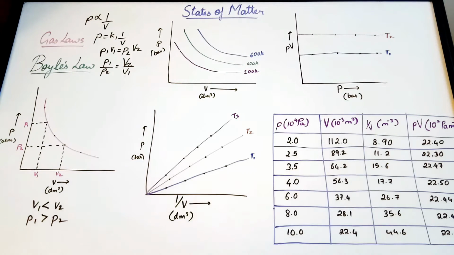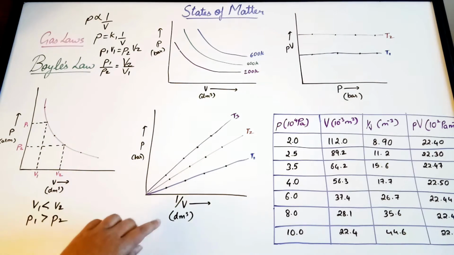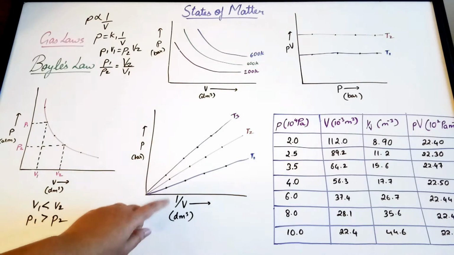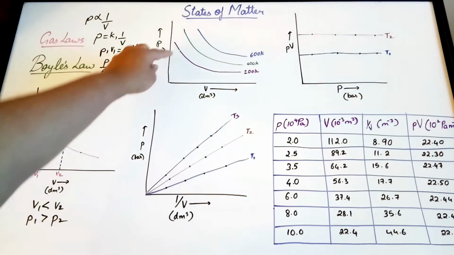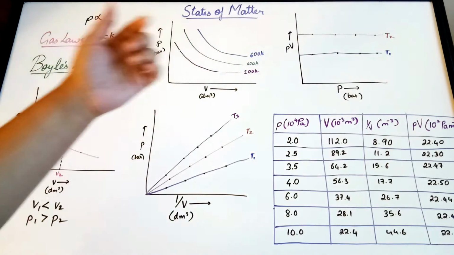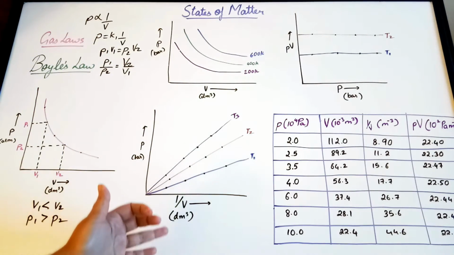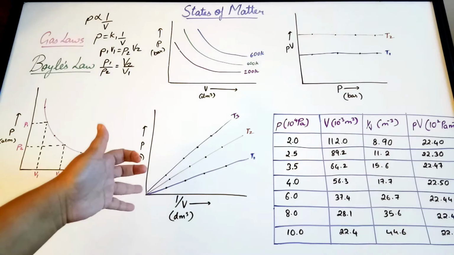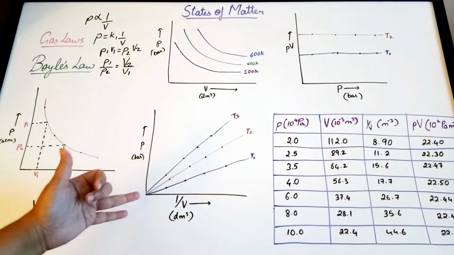The next graph is between pressure and 1 by volume. Notice that when we just took volume, the curves which were obtained did not pass through the origin. But in this case, when we take 1 by V, the lines which are obtained pass through the origin.